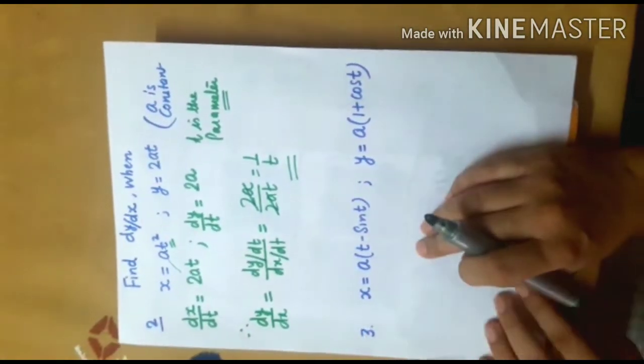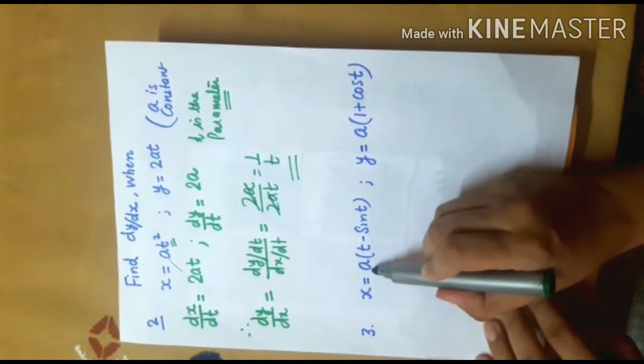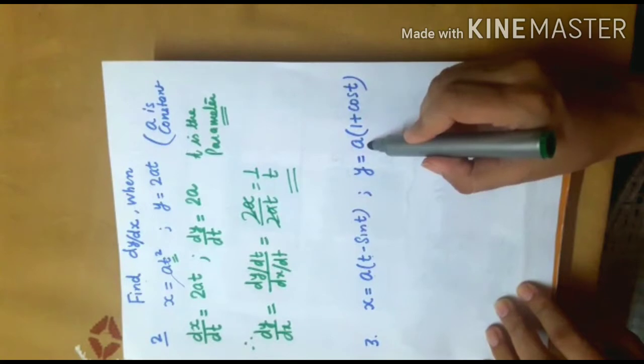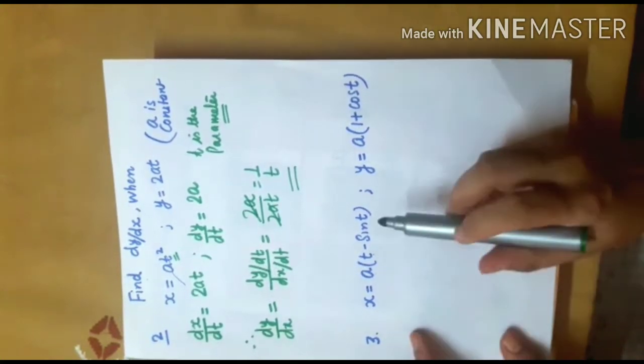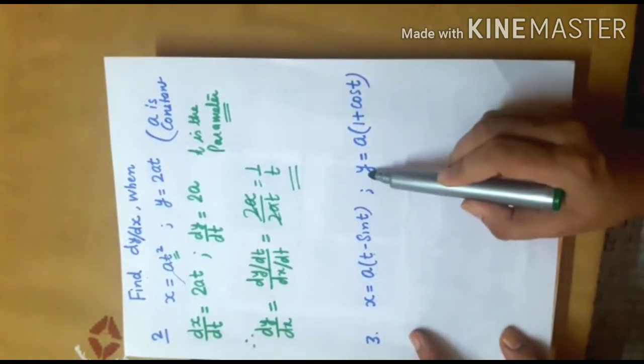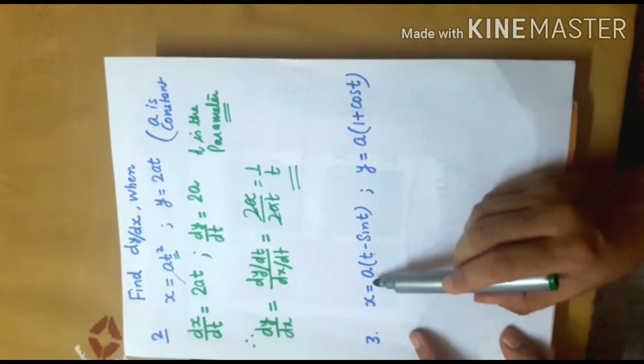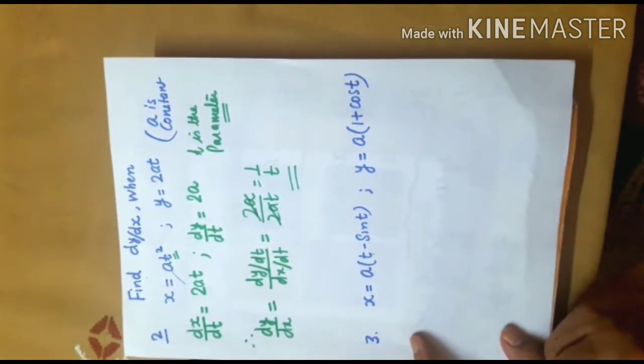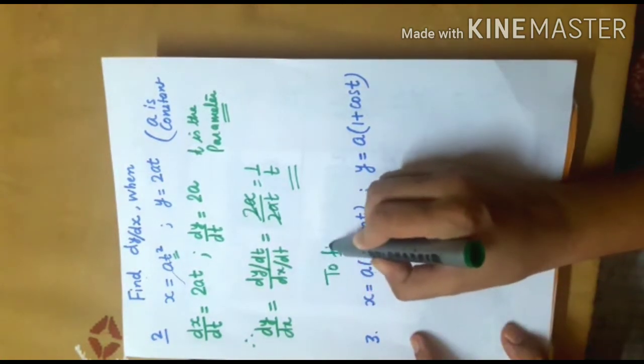Let's take another example. x is equal to a(t minus sin t), y is equal to a(1 plus cos t). So here x and y are connected through the third variable t. So here t is the parameter. So I need to find dy by dx.